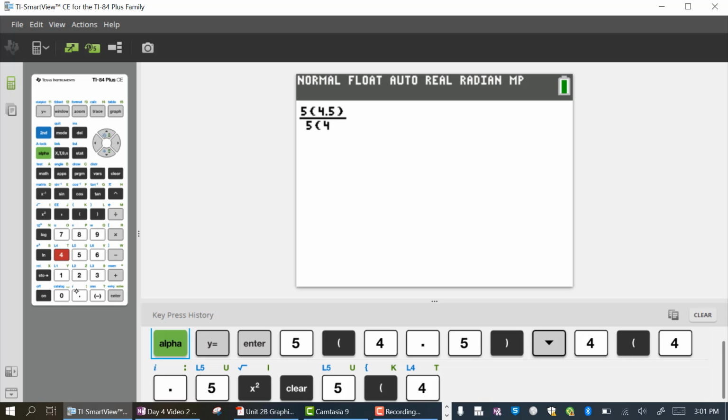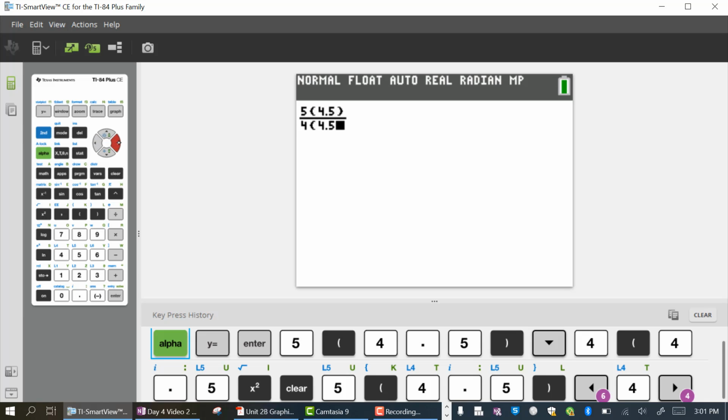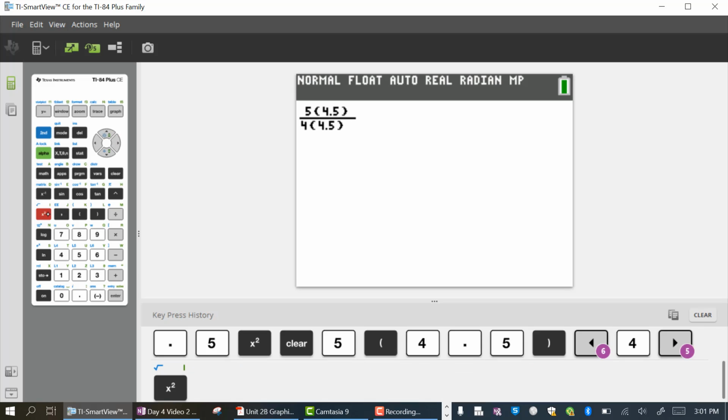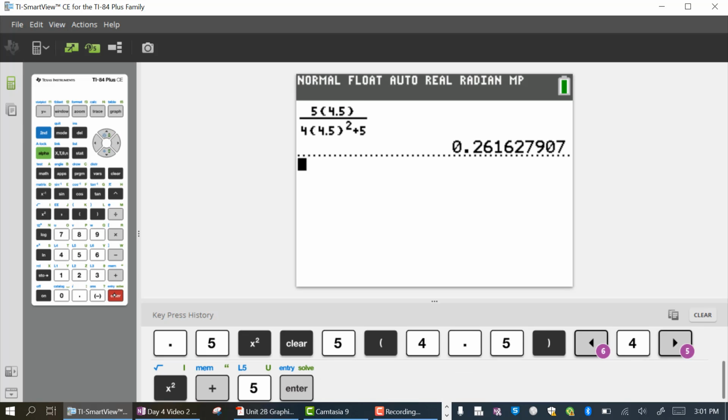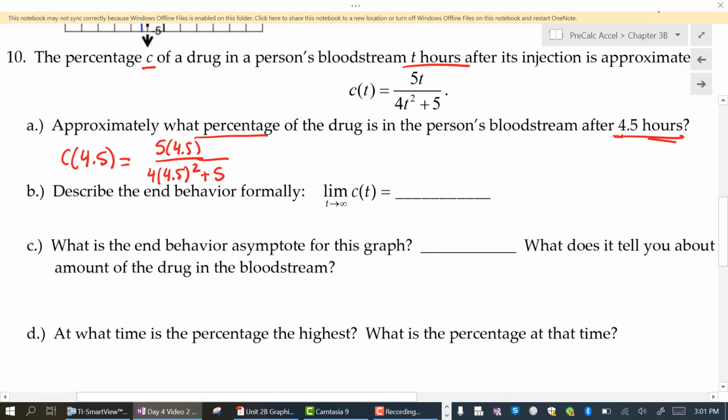I wanted to make sure that was in parentheses. So I'm going to get 0.26, well, I'll round this up to 0.262. But as a percentage, that would be 26.2%.